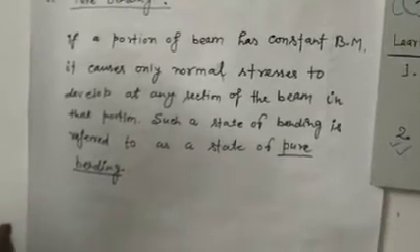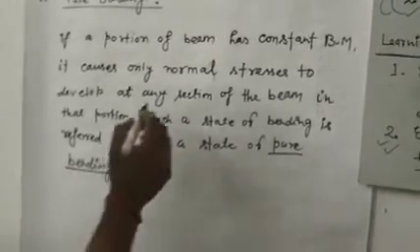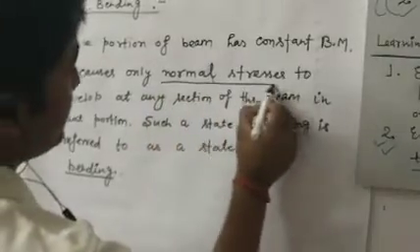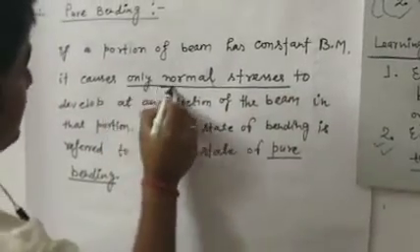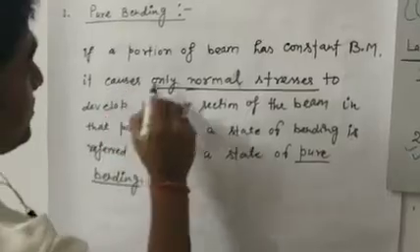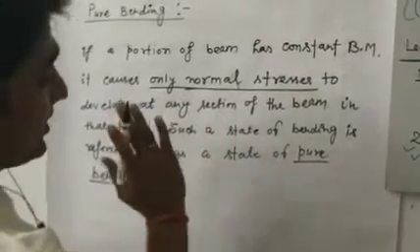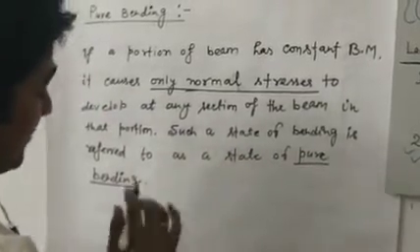There is one more condition required for the pure bending case. The definition says there should be only normal stresses. That means there should be no shear stress in that portion of the beam.